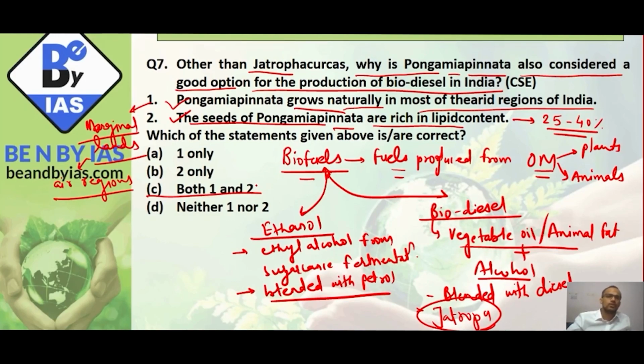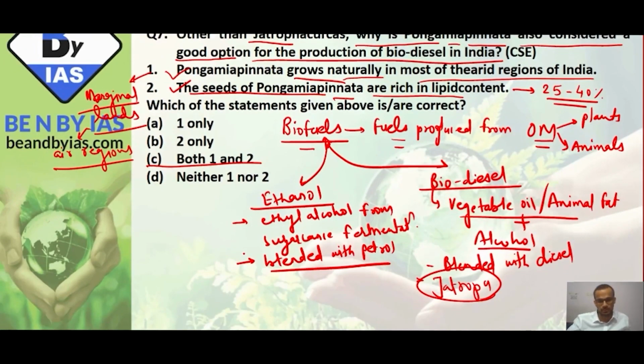Right? So that is about biofuels and Pongamia pinnata. We can say that in addition to jatropha, Pongamia pinnata can be used for the production of biodiesel.